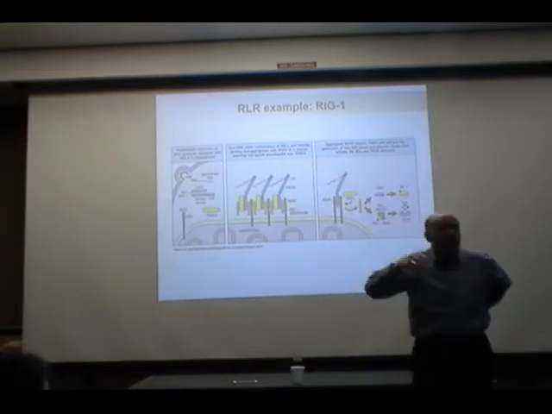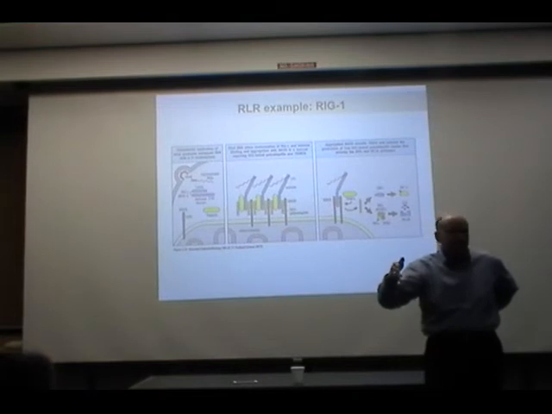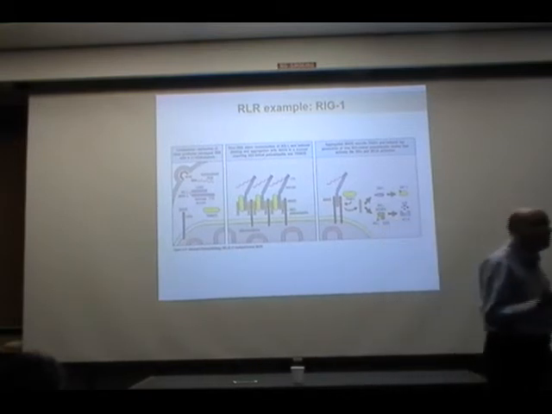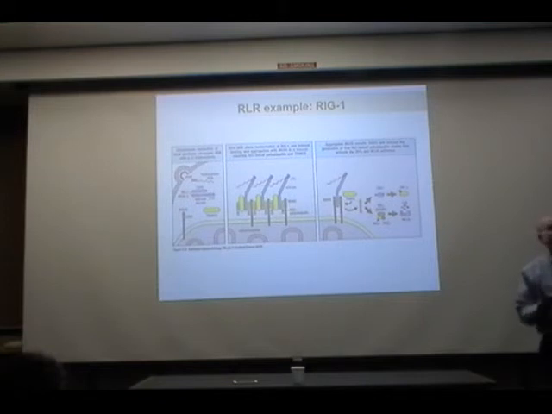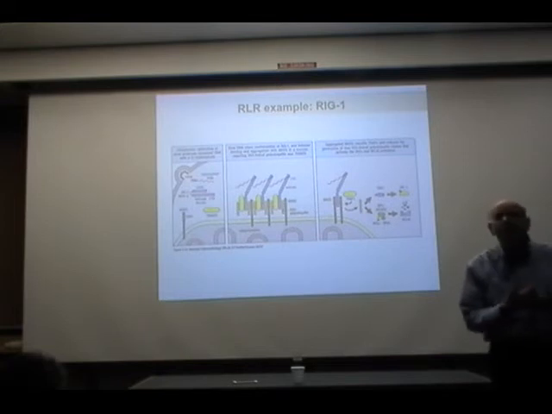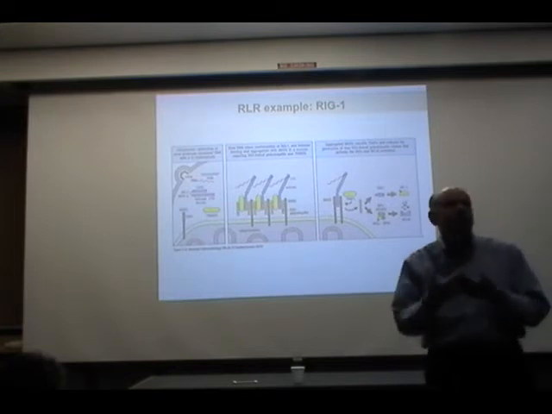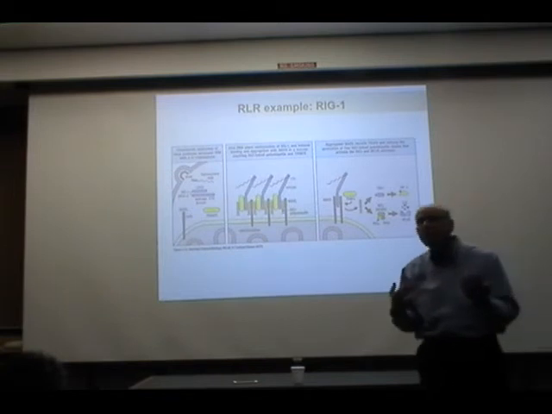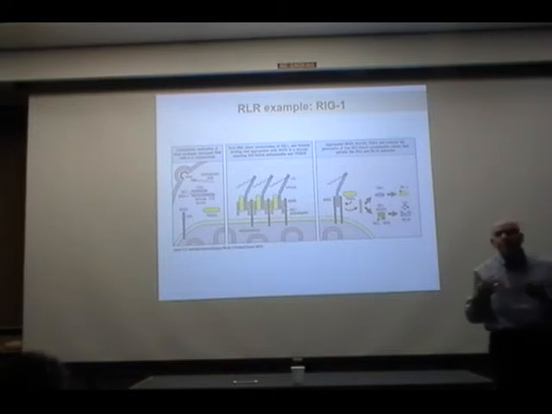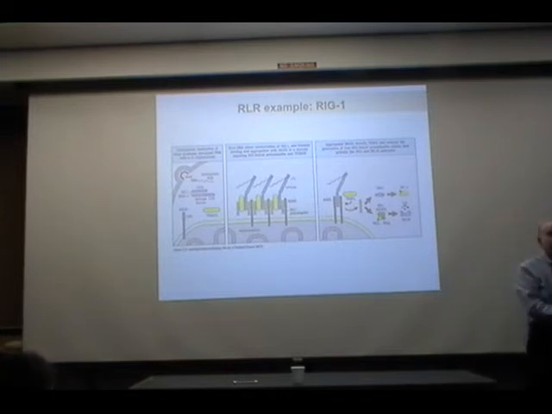And RLR stands for Rig-like receptor. Since we found Rig, we thought there was only one, we called it Rig, and then suddenly we found the whole family. So these are receptors that are cytosolic, and they are for recognizing unique nucleic acid structures associated with viruses. So we cap our RNAs, viruses cap their RNAs a different way, enzymatically different, leading to a different chemical structure at the 5' end. We have receptors of the RLR family that recognize the viral cap from the human cap.